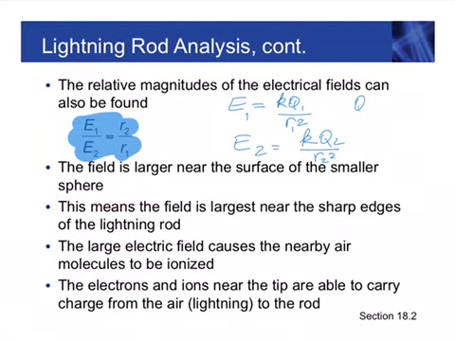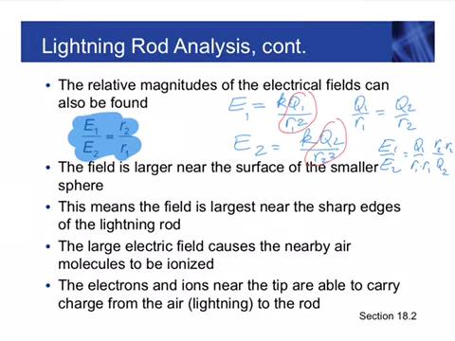Using the relationship Q1 over R1 equals Q2 over R2, we can write that E1 over E2 is equal to Q1 over R1 times 1 over R1, and for E2 we would have Q2 over R2 times 1 over R2. k cancels out.